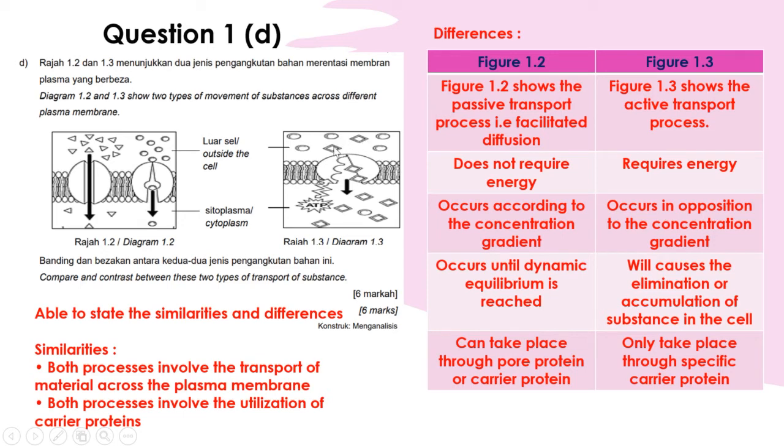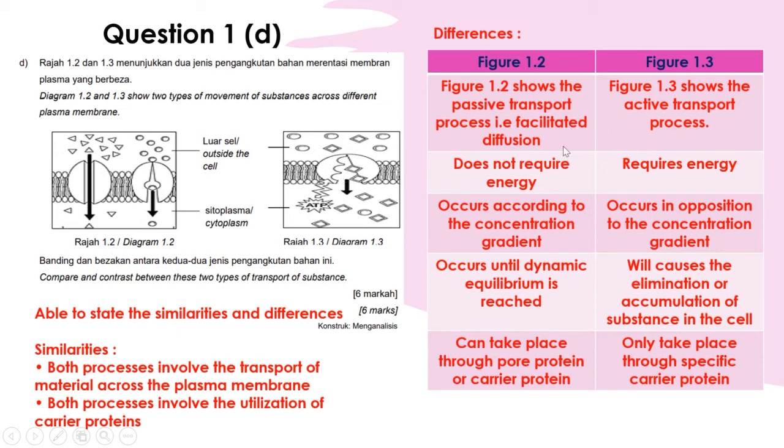So the movement of the substance is from the lower concentration to the higher concentration area with the help of the carrier protein, and it also needs energy. That is active transport.